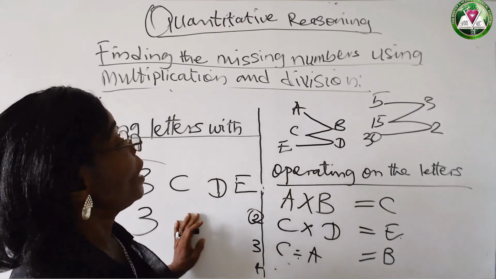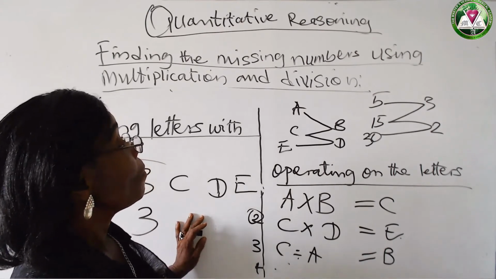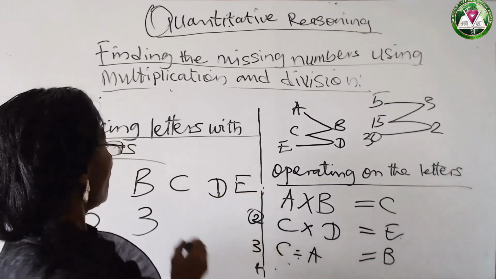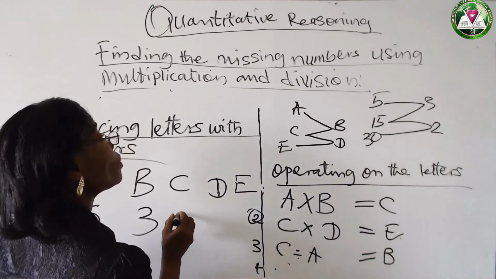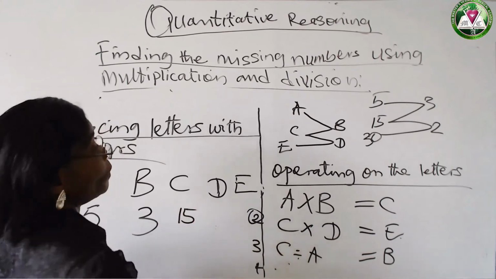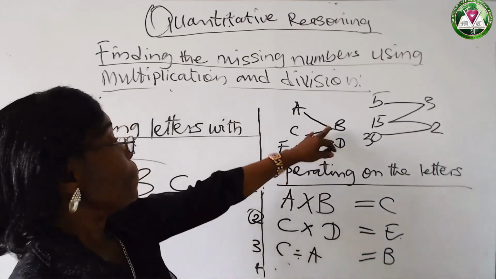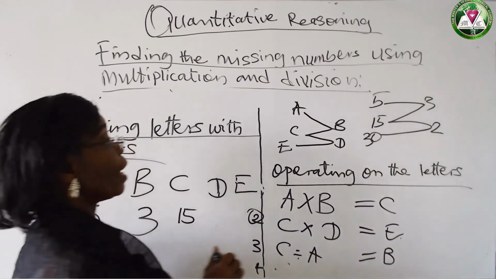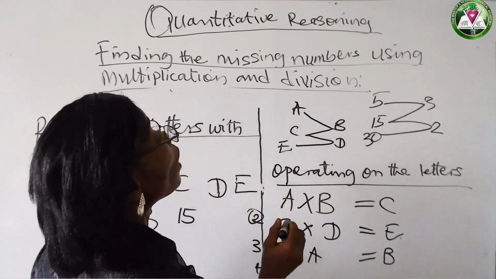What of C? He said 15. C is 15. D. What is D? Clara. Okay, D is 2.